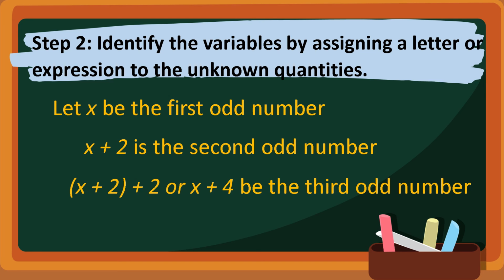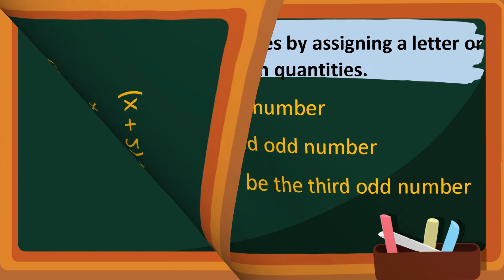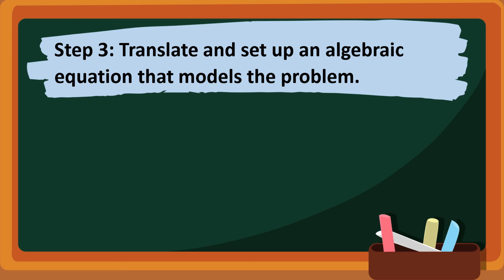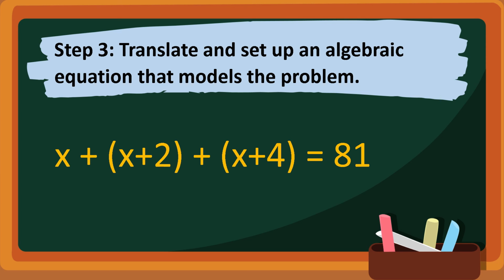The quantity x plus 4 is the third odd number. Step 3. Translate and set up an algebraic equation that models the problem. x plus the quantity x plus 2 plus the quantity x plus 4 is equal to 81.